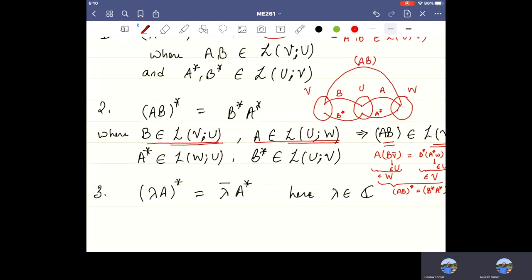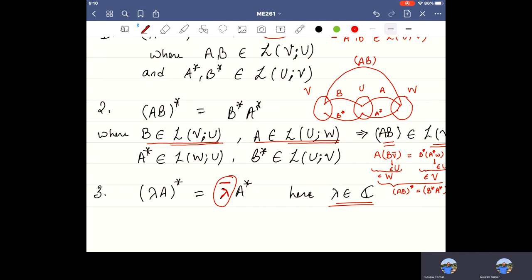So if you scale A by lambda and take a transpose, you will have to remember that in general, for a complex vector space, taking the transpose requires that the scaling be taken with a conjugate.